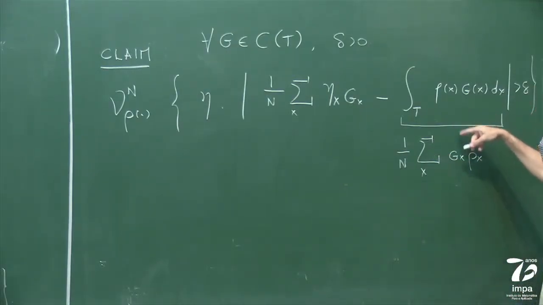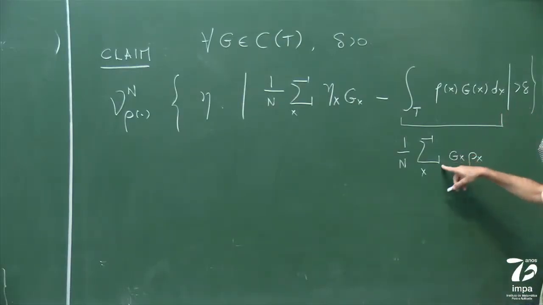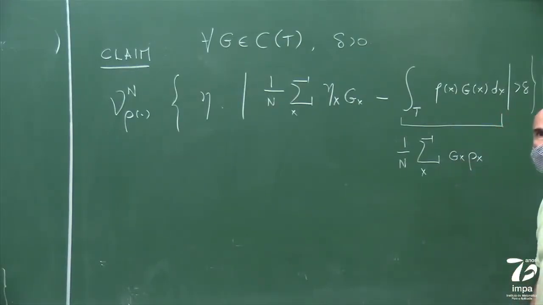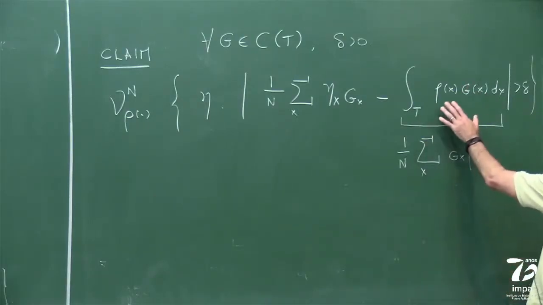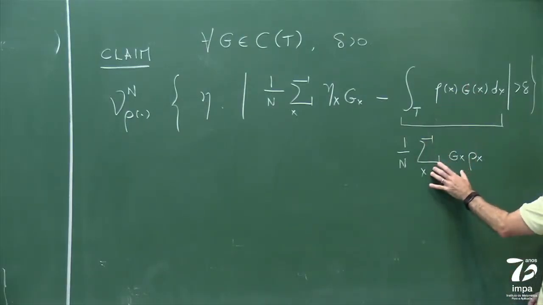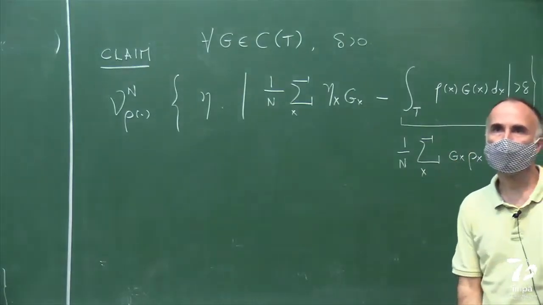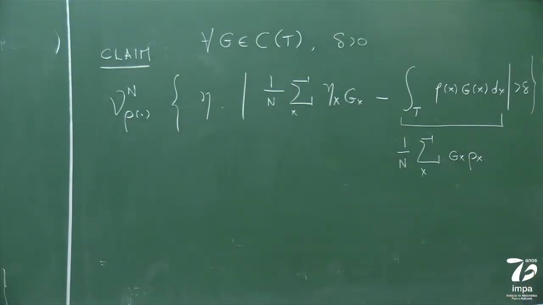And therefore, that will be smaller than δ over 2 for n sufficiently large. So it's enough to prove that by replacing this integral by this sum. If I can prove that this expression goes to 0 when replacing this integral by that sum, I can deduce that this expression converges to 0.